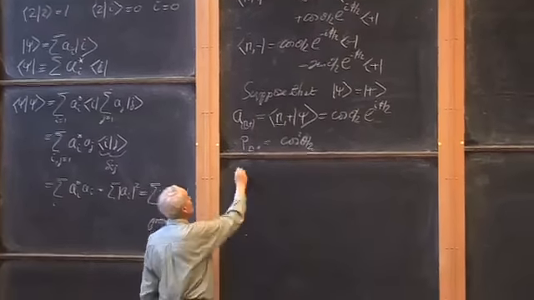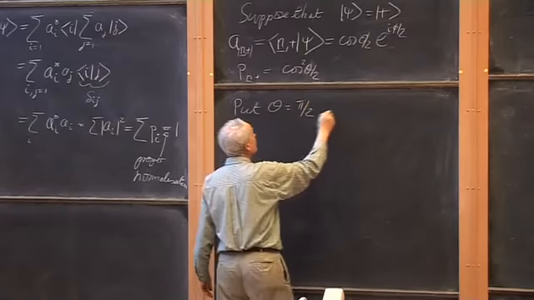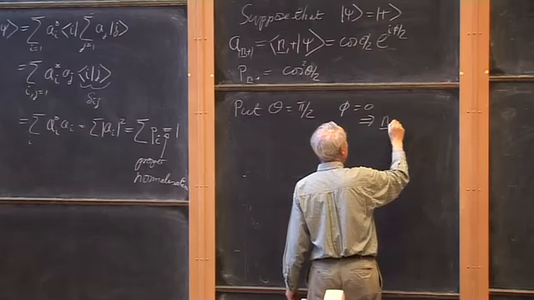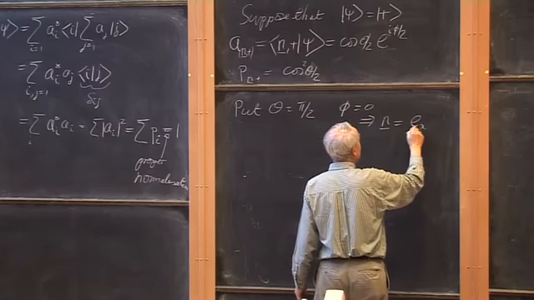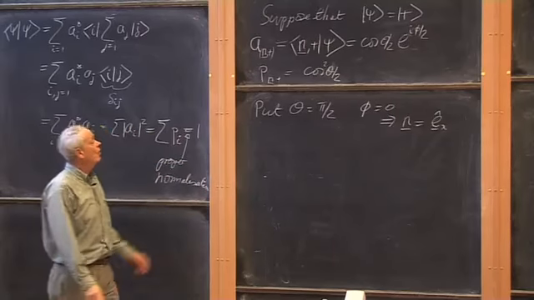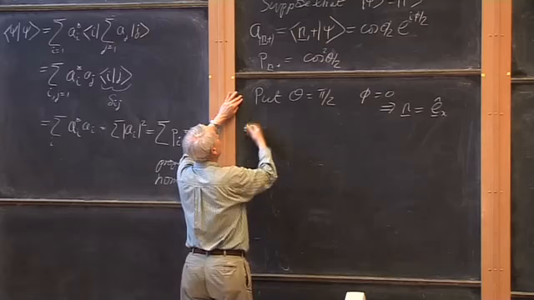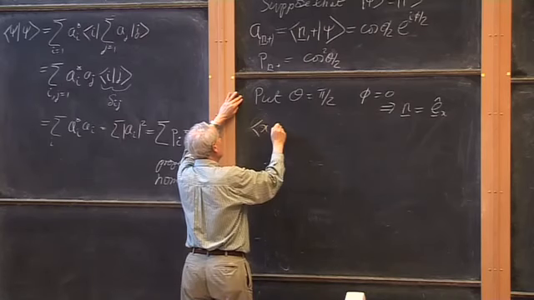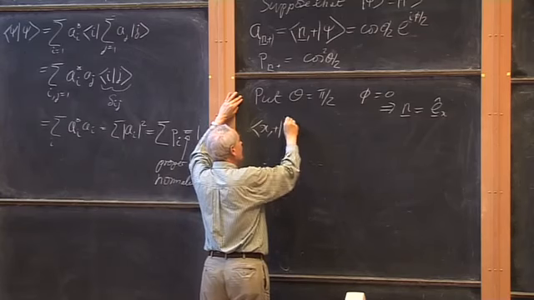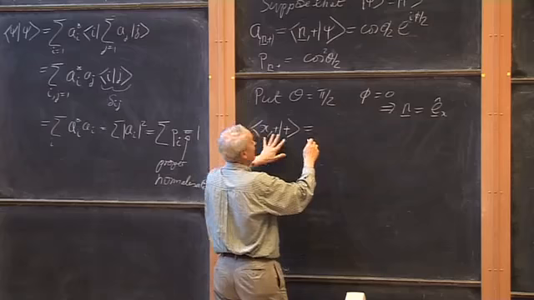Let's put theta equal to pi upon 2 and phi equal to 0. What does that imply? It implies that n is equal to e_x, the unit vector in the x direction. So n becomes the x direction. What does that give me? That gives me that the probability for being plus on x, given that I'm plus on z, is, it's not the probability, the amplitude.